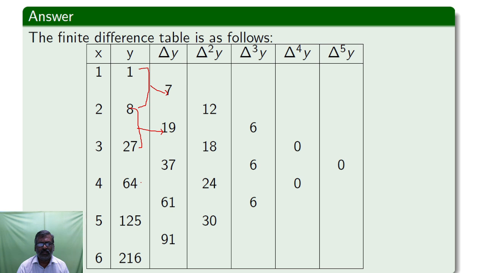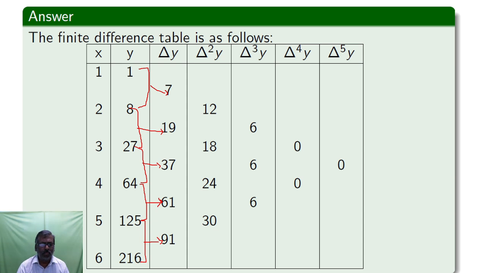Then 64 minus 27 is 37. Then 125 minus 64 is 61. Then 216 minus 125 is 91. Each is the difference between that value and its previous value. This is delta y.